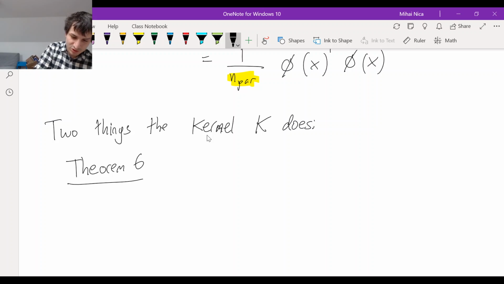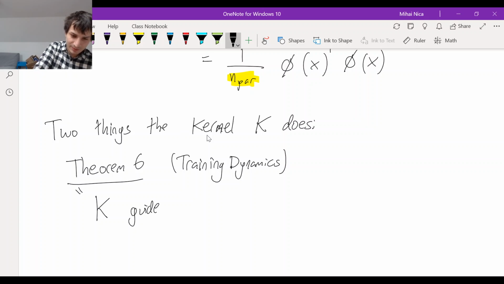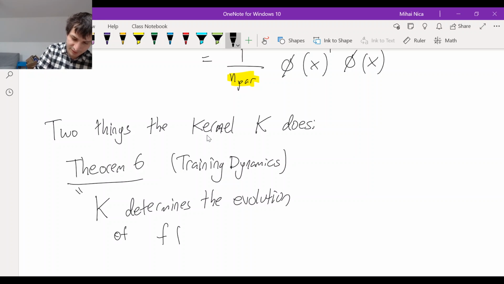Theorem 6, training dynamics. I'll paraphrase this. K determines the evolution of f of x, theta t.